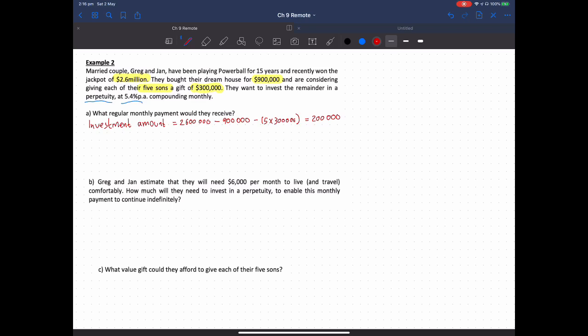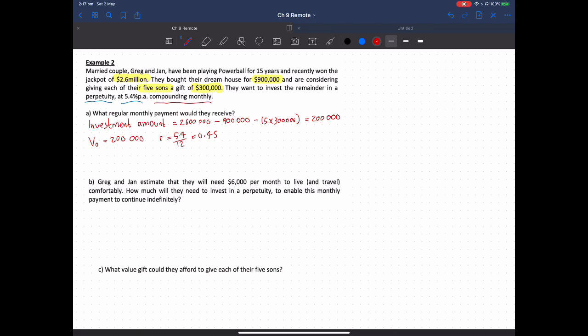Now, this is going to be compounded monthly. So we know at this point V0 is 200,000, the amount they have to invest. We know the interest rate was 5.4% per annum, but they're going to get it compounded monthly, so we must divide that by 12, which brings us to 0.45% per month.